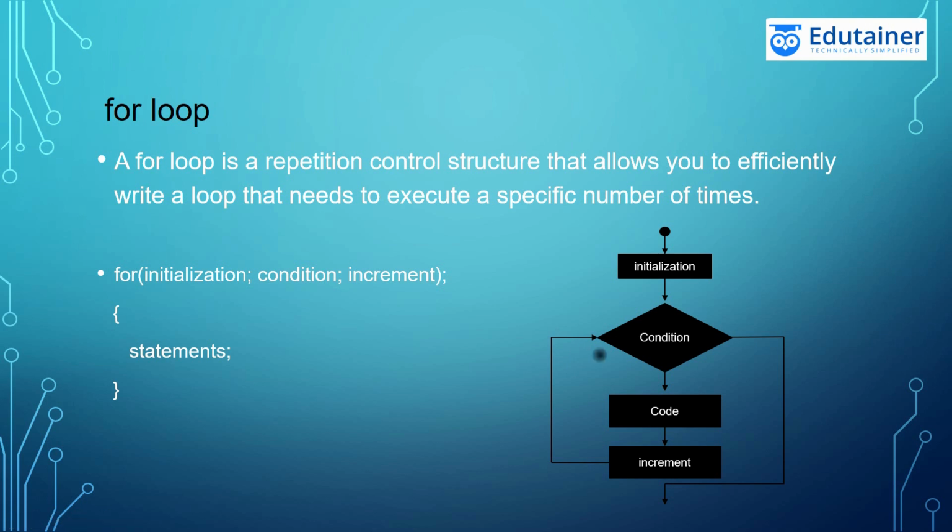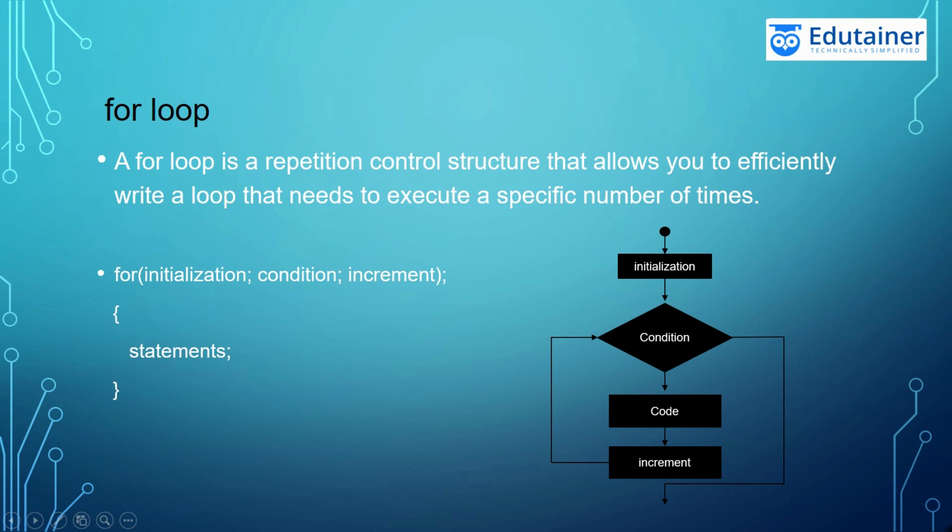If the condition is true, it again goes to the code block and runs the code. After running the code, it increments the variable and again goes back to check the condition. If the condition is false, it will just exit the loop and run the rest of the program. So this is how a for loop works.